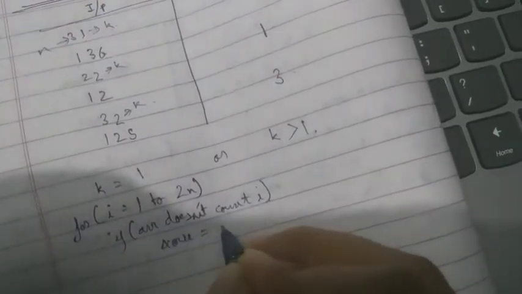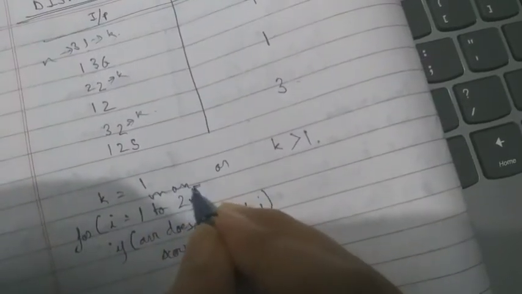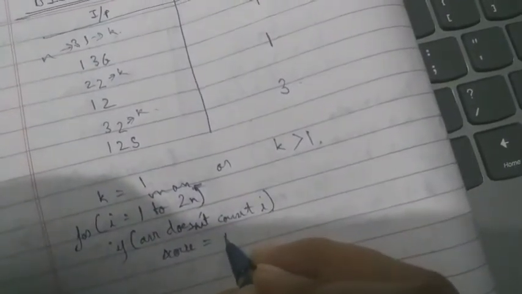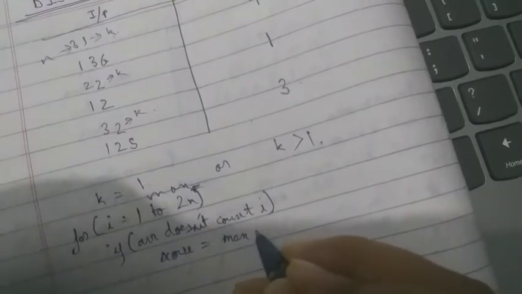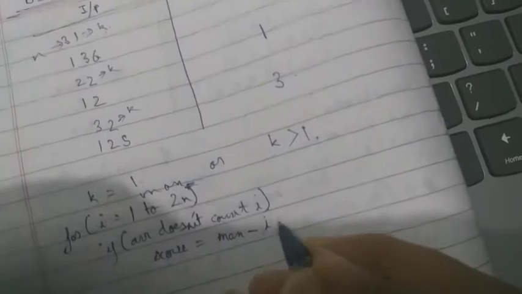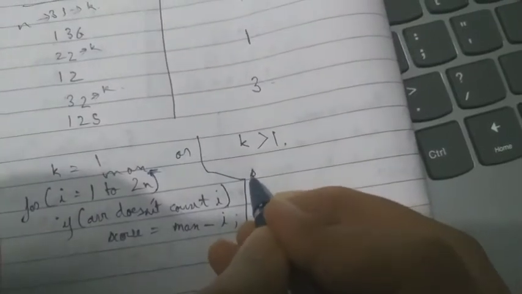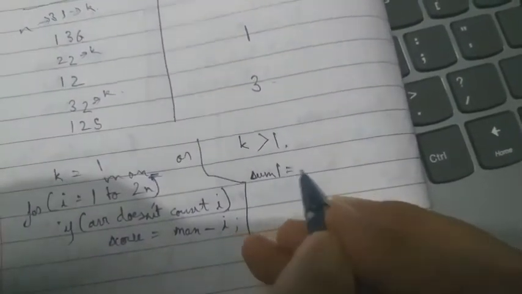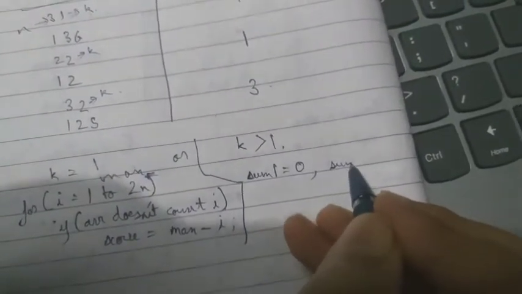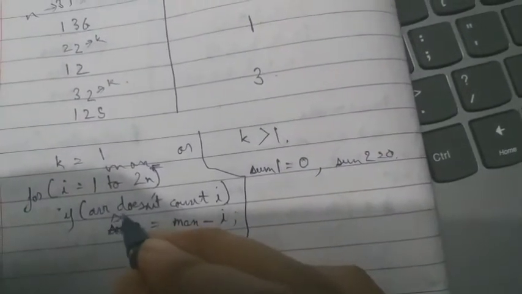The score we can find is the maximum of the array, and the score would be the new maximum minus i. Okay, so this is if k is equal to 1. And now if k is greater than 1, we have to do it twice. We have to find sum 1 and sum 2. By score I meant sum.